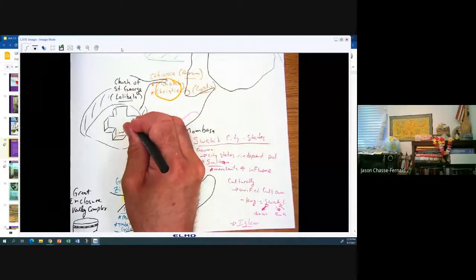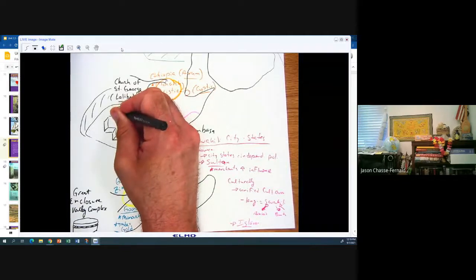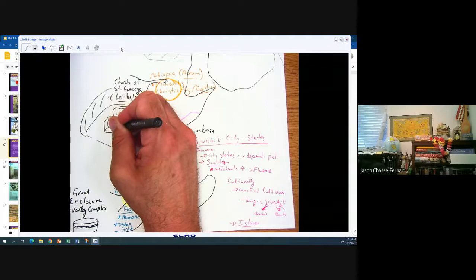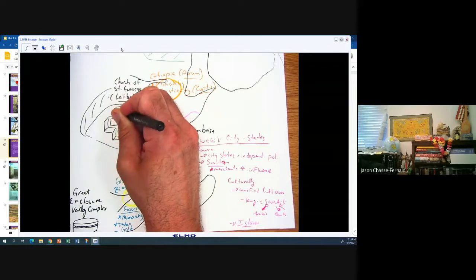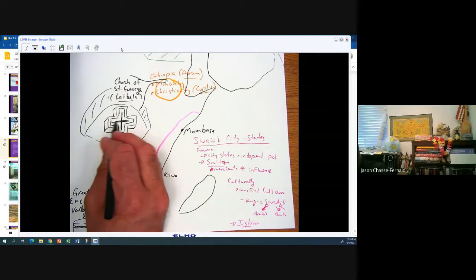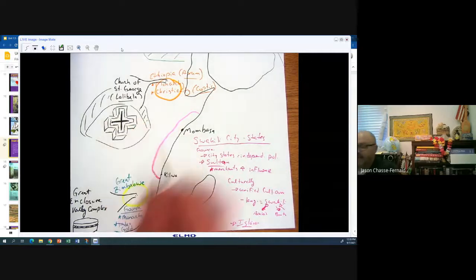Once again, we do this because sometimes you're thrown questions with images, and you simply need to know that this is referring to Ethiopia. St. George being the patron saint might come in handy on a document if you can remember that. All right, so there's that.